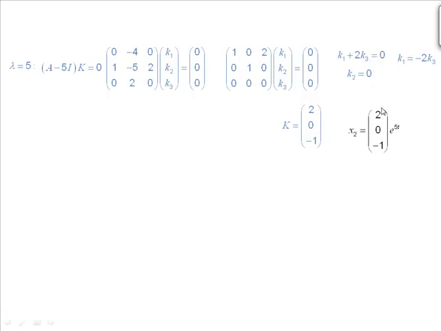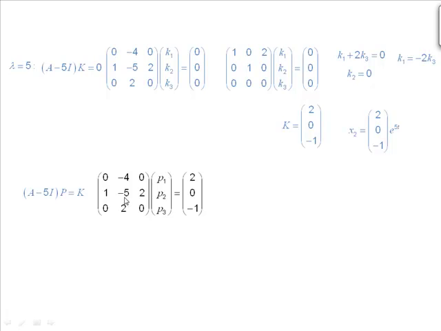But it only gives me one eigenvector. I'm not able to get two linearly independent eigenvectors. So we're going to construct a second solution by finding another vector p, where A minus 5I times p equals k, which gives us this system.